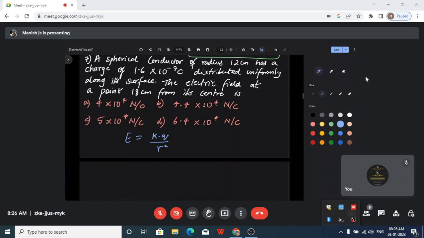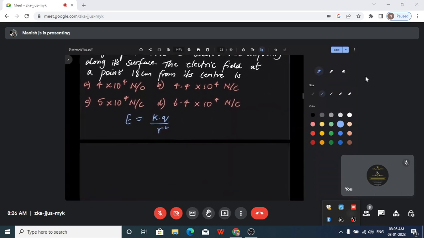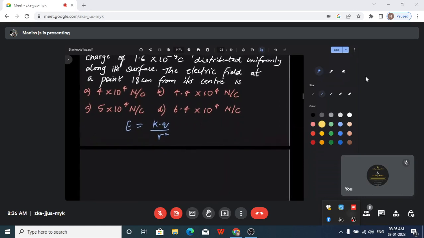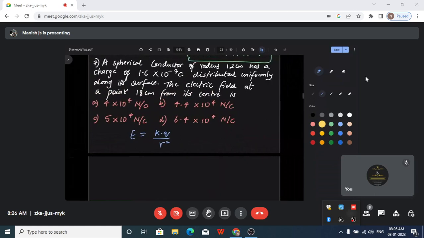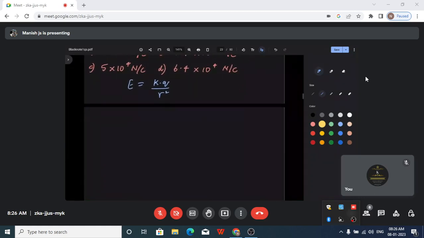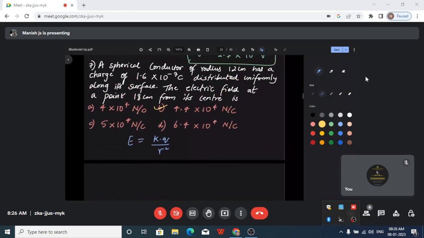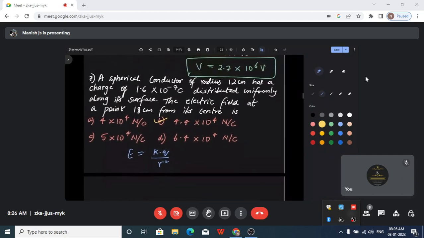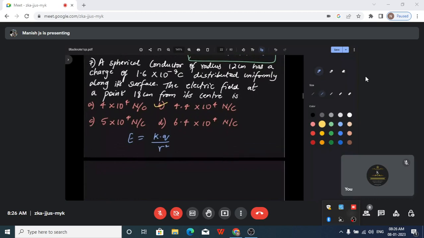Yes, have you solved? What is that? 4.4 into 10 power 4. Very good. That is the answer. So you directly do it. You have to convert k value appropriately and centimeters to meters. That is the only challenge, and do the appropriate simplification. Okay, so you will get the answer as 4.4 times 10 to the power 4 newtons per coulomb.